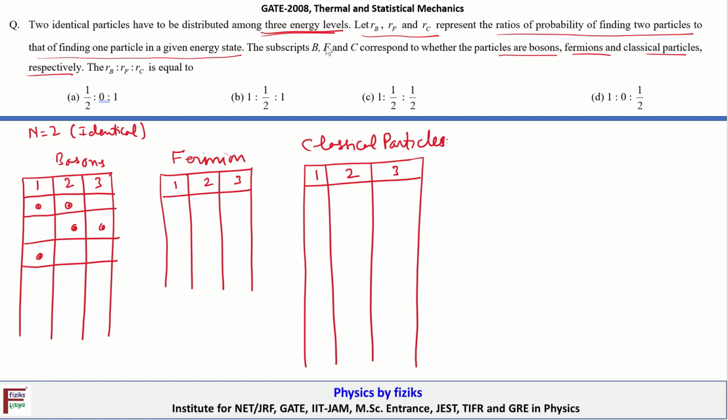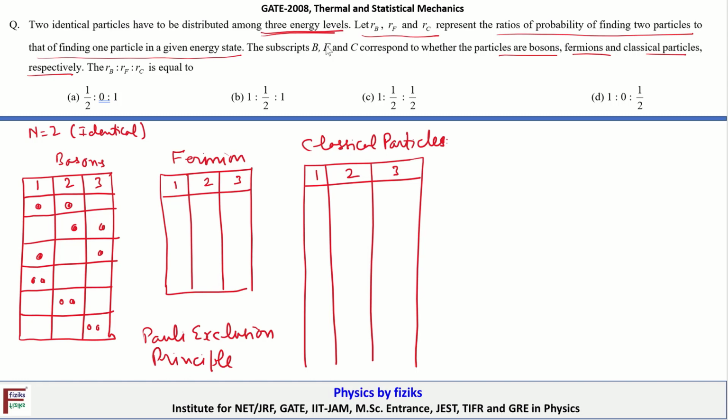Here we are having only one single boson in each individual energy state. Okay, and the next option is both of the bosons are in the same energy state. Okay, and then the last option. Similarly, now when we talk about the fermion, they are subjected to the Pauli exclusion principle, so they are bound to satisfy the Pauli exclusion principle.